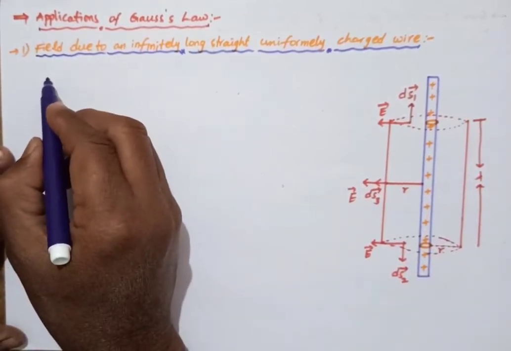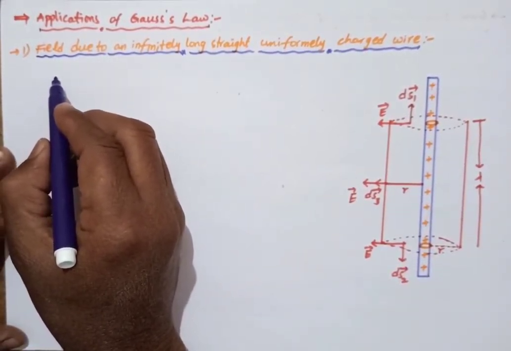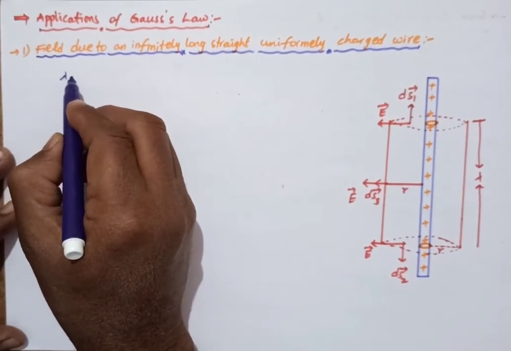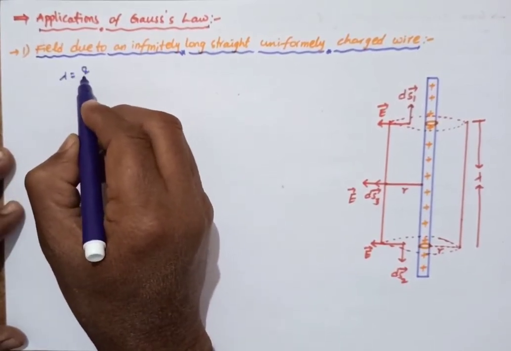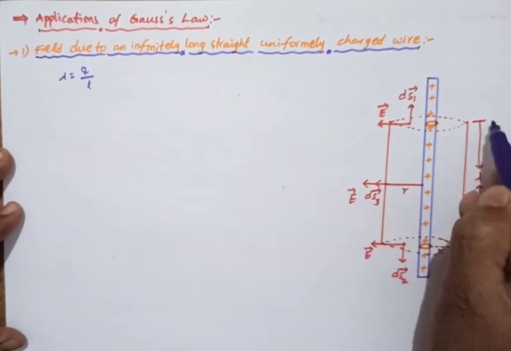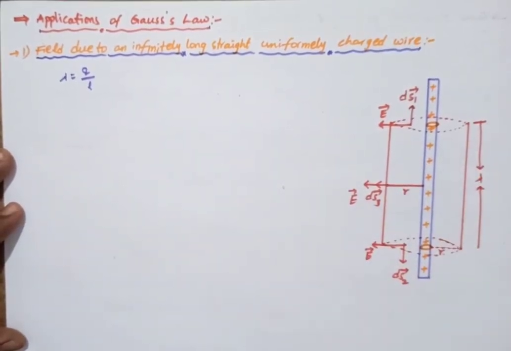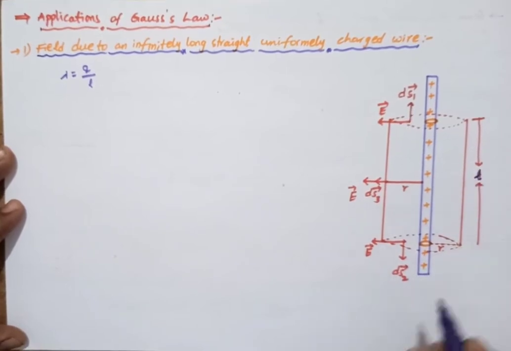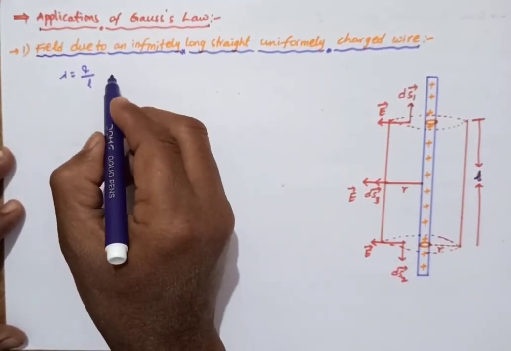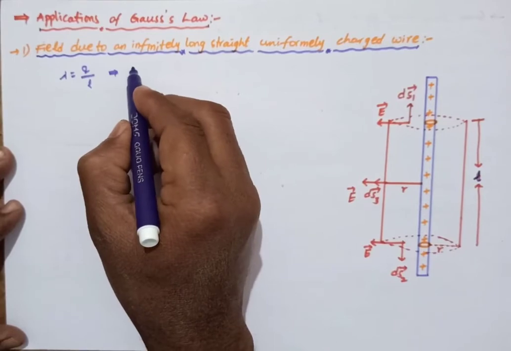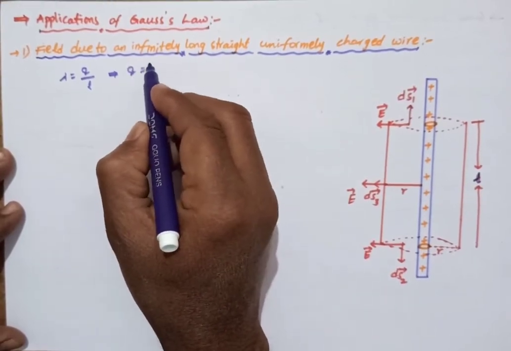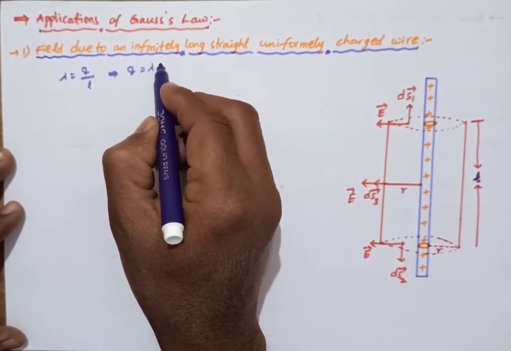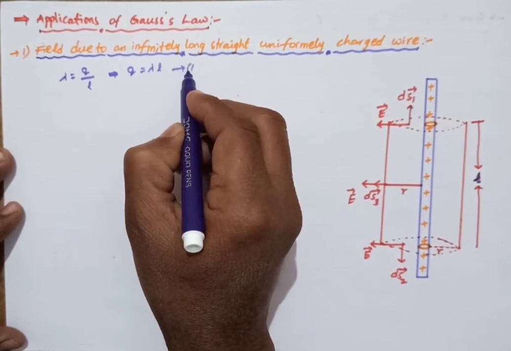So then the linear charge density lambda equals Q by the length L. So then Q equals lambda into L. This is equation number 1.